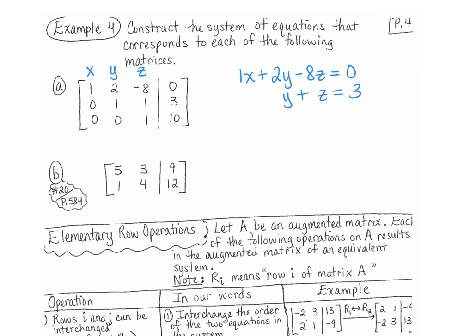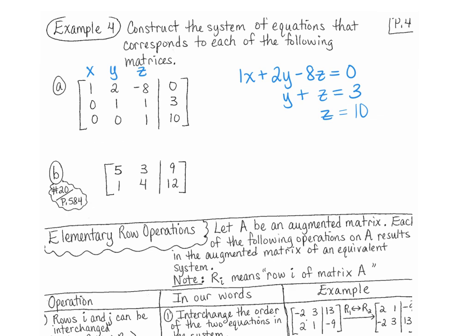And third row, what's the equation? Good, z equals 10. So this is the system of equations for this augmented matrix of order what? What's the order?